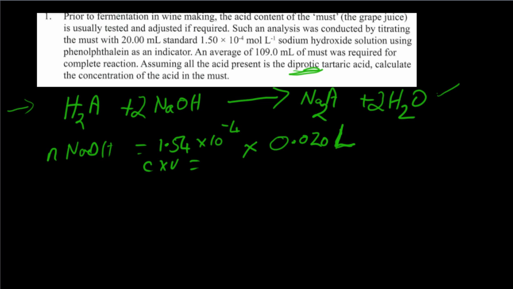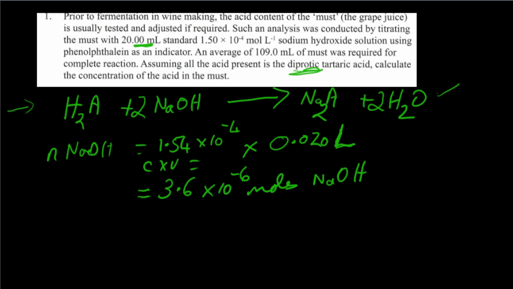Remembering, of course, even if they give it to you in millilitres, you've got to put it into litres for our C times V formula to work. If we crunch this out through our calculator, we end up with something like 3.6 times 10 to the minus 6 moles of NaOH.